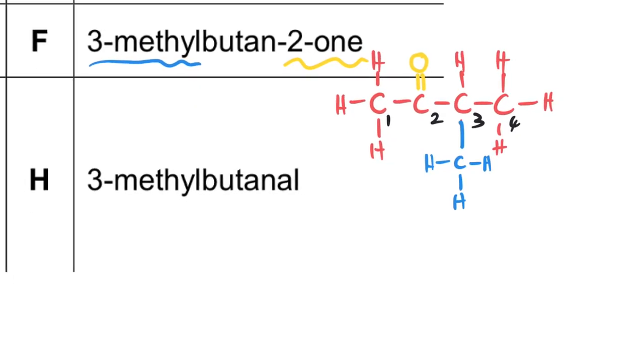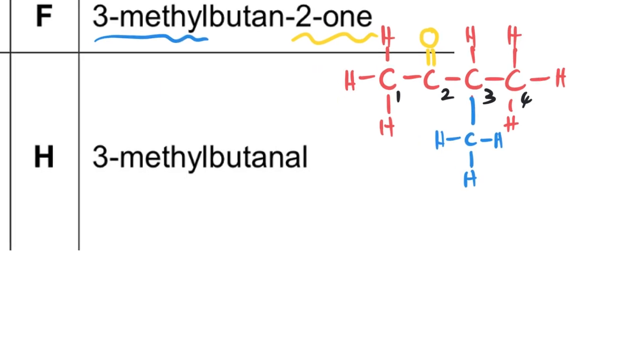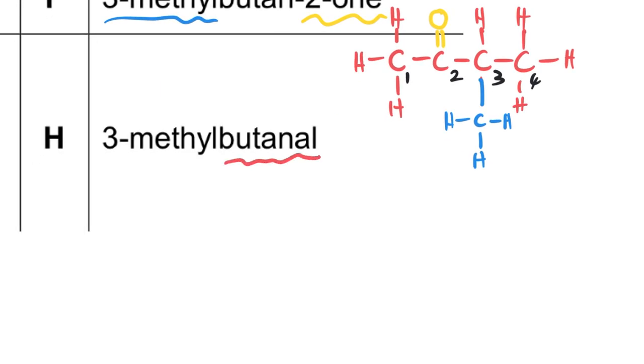Now, let's look at 3-methyl-butanal. So if we look at butanal, it's also going to have 4 carbons, 1, 2, 3, 4. And because it's an aldehyde, we are going to put the carbonyl group on carbon number 1. Now we use the circle test.